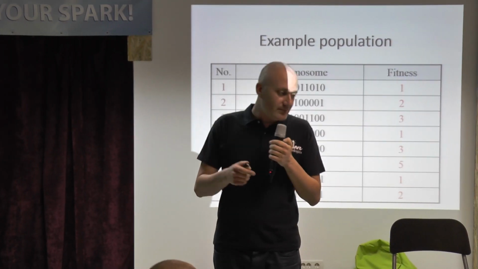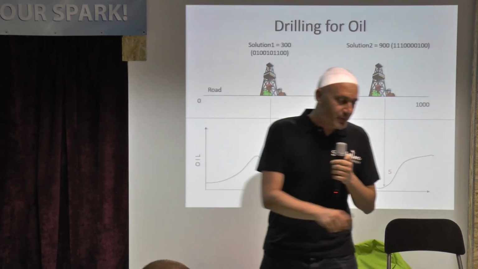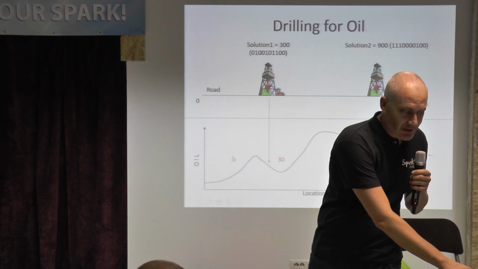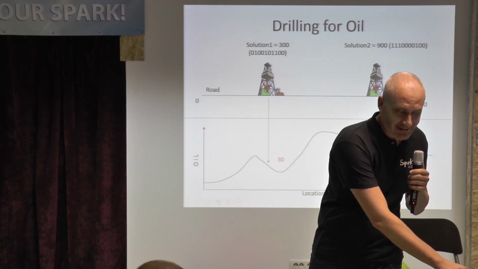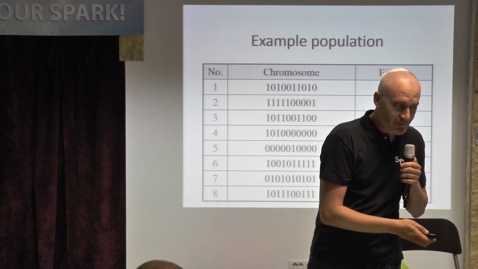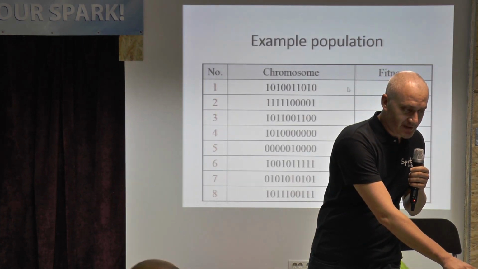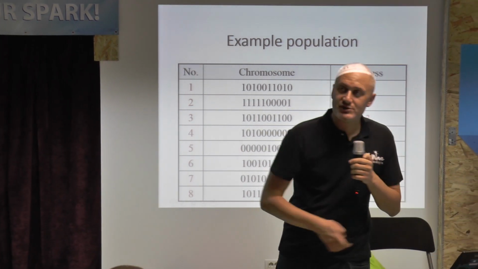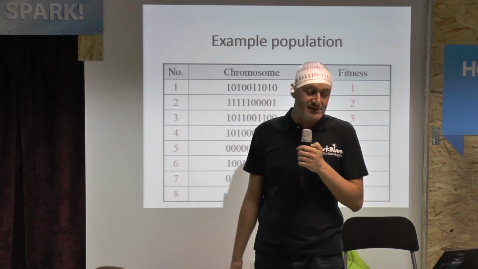Okay, so if you remember, the best point is somewhere around here. There's another good point here, another good point here. So if you look at the different places, number 6 with a fitness score of 5 is my best solution.